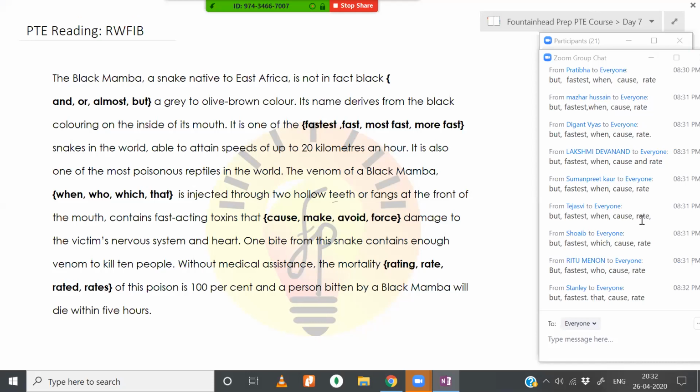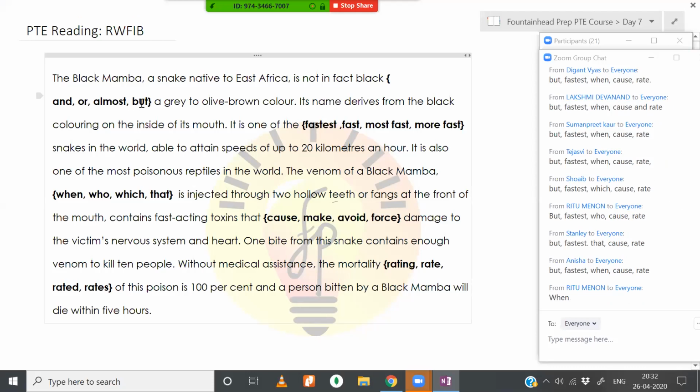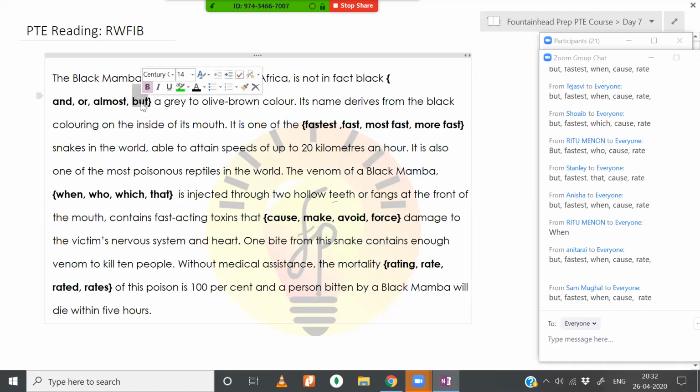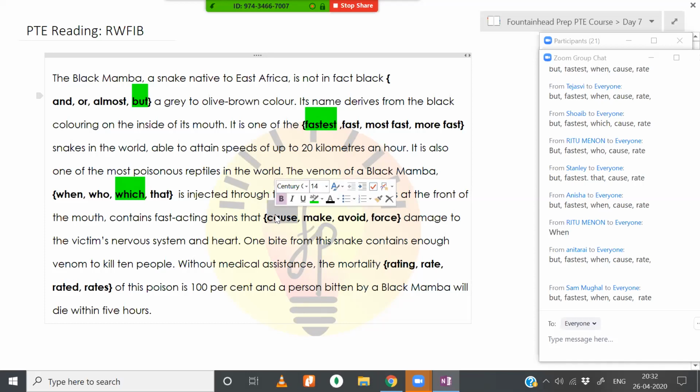All right. So I think we have enough responses here. So let's see. The first one is but, fastest, which is injected that cause damage to mortality rate of this person.